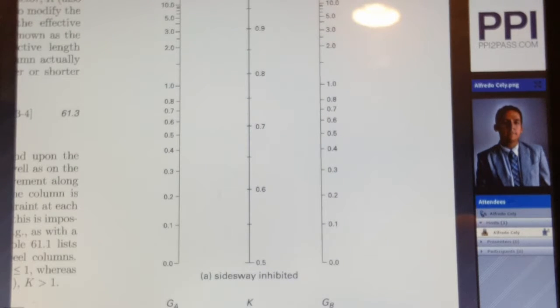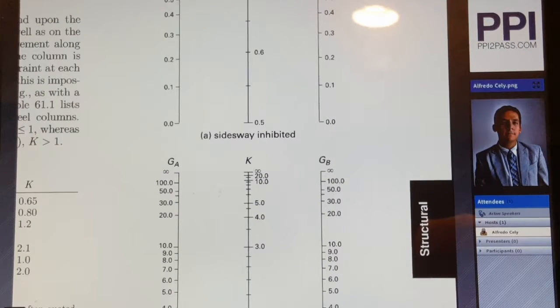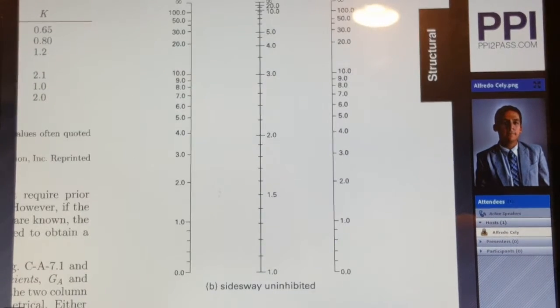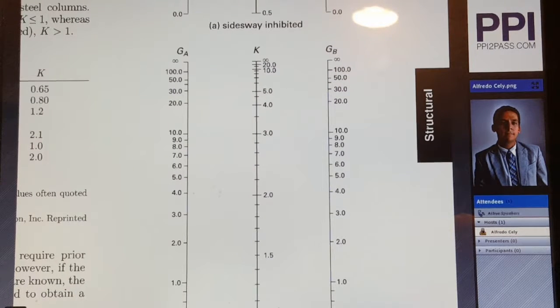The top segment is used for sidesway inhibited columns, whereas the bottom segment is for sidesway uninhibited type of columns. So simply, once you find your G values for each end of the column, simply connect the two, and that will give you your K value. For this example, that will be 3.